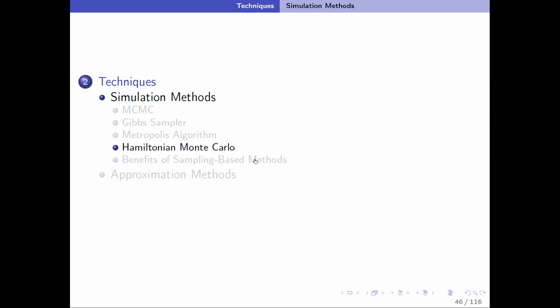So next, we are going to talk about a recent development called Hamiltonian Monte Carlo. We have now seen the problem of Metropolis and high dimensional MCMC. Gibbs breaks down the problem into smaller dimensions, and there are many general algorithms.